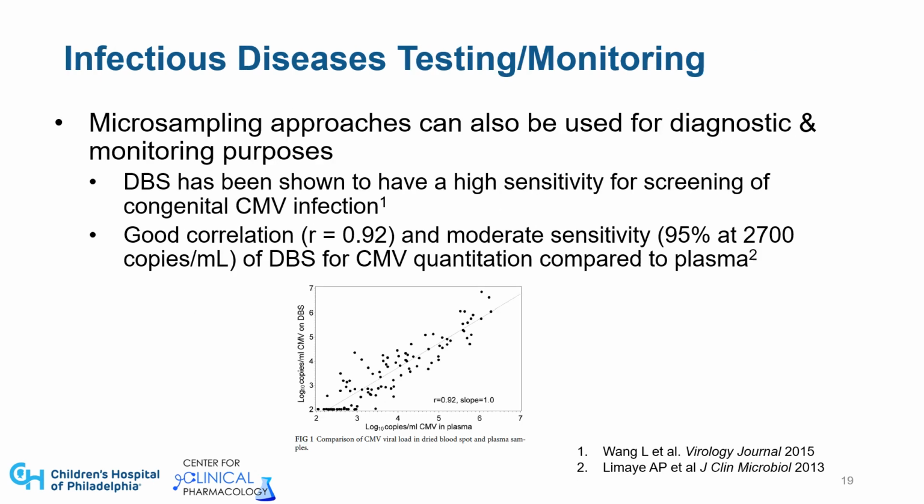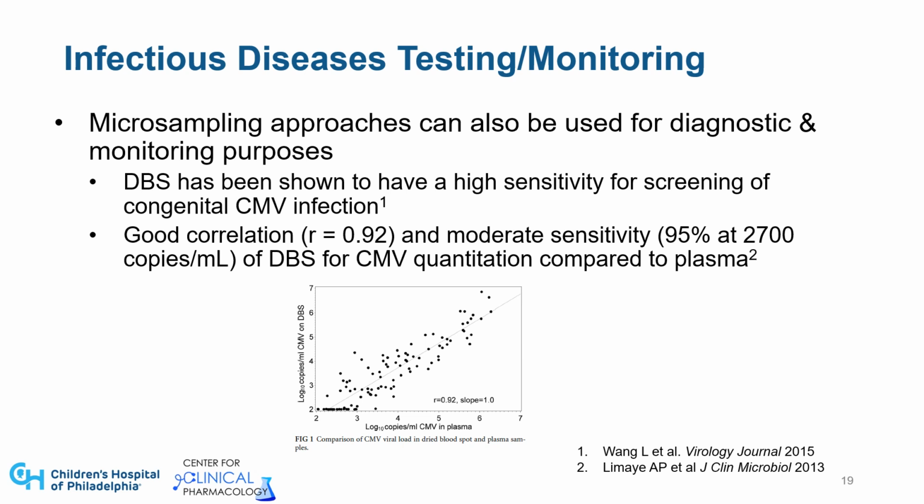Lastly, microsampling doesn't have to be limited to therapeutic drug monitoring applications. Microsampling approaches can also be used for diagnostic and monitoring purposes. Microsamples have been used for quantification of serum creatinine, as well as screening of various infections such as SARS-CoV-2 and hepatitis C. In fact, dried blood spots have been shown to have a high sensitivity for screening of congenital CMV infection, and have also been shown to have a good correlation and moderate sensitivity when it comes to CMV quantitation compared to plasma.